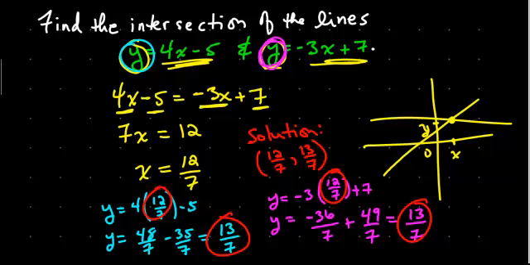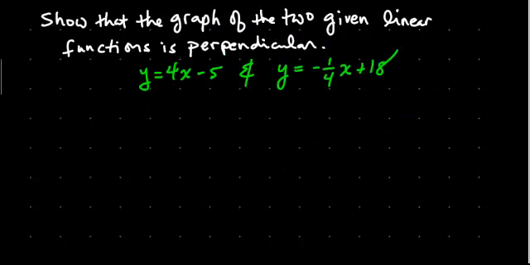Okay. The next problem. Show that the graph of the 2 given linear functions is perpendicular. To show that 2 functions are perpendicular, from your readings, you should know that we need to show that m1 times m2 equals negative 1. So we just need to find m1 and m2.